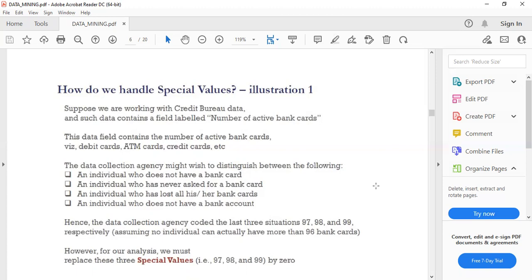Hence the data collection agency coded the last three situations: 97, 98, and 99.